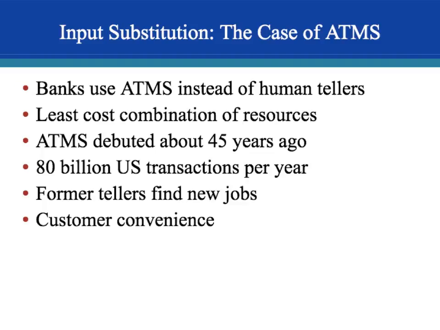So banks use ATMs now instead of human tellers. We still have human tellers, but not as many as we used to before. And this helped banks achieve the least cost combination of resources. And these former tellers can now find new jobs and go to other industries that are growing.